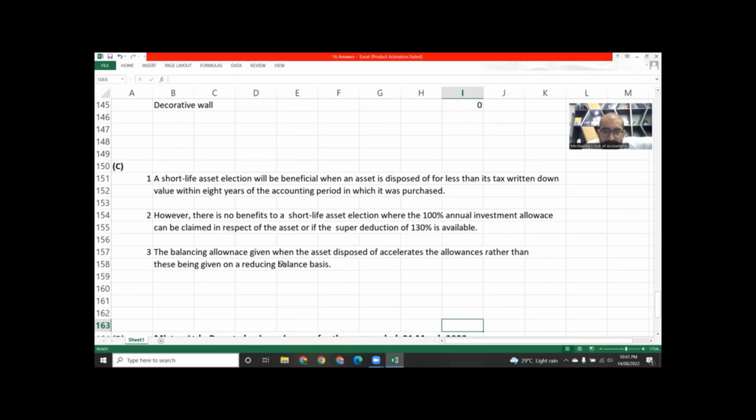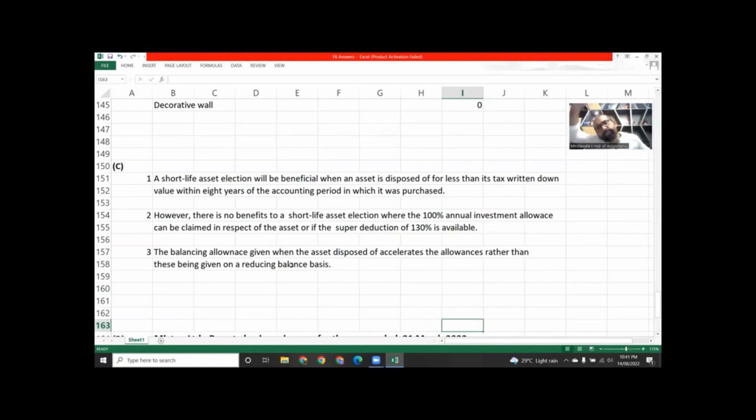Then the balancing allowance given when the asset is disposed of accelerates the allowances rather than these being given on reducing balance basis. Yes, remember, when the asset is depooled and you sell it, you get the immediate balancing adjustment on depooled asset.